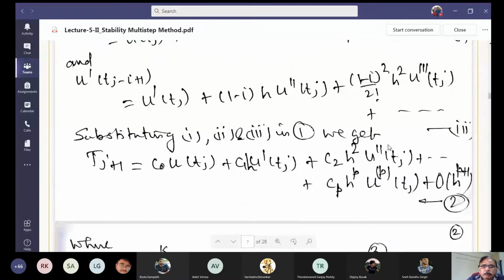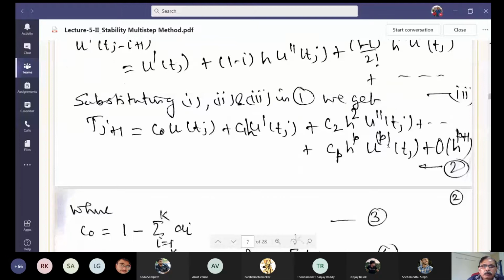So next we'll put all the things in T(j+1). I'm not writing things explicitly here. We'll just try to see that, and then we'll see these coefficients. So if your T(j+1) is C0 u(tj), meaning the coefficient of u(tj), then C1 h u prime(tj), then C2 h square u double prime(tj), and so on.